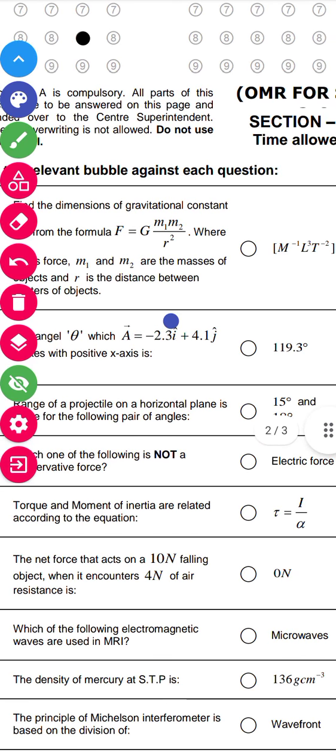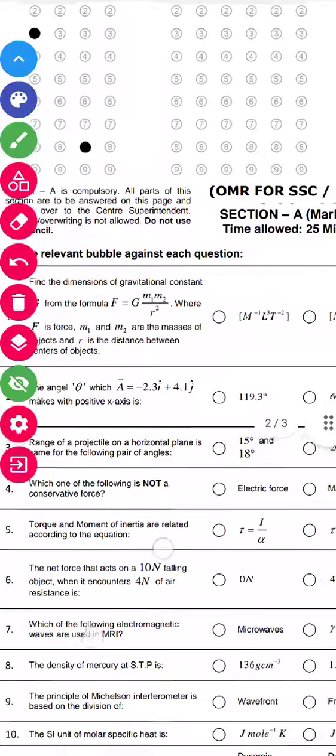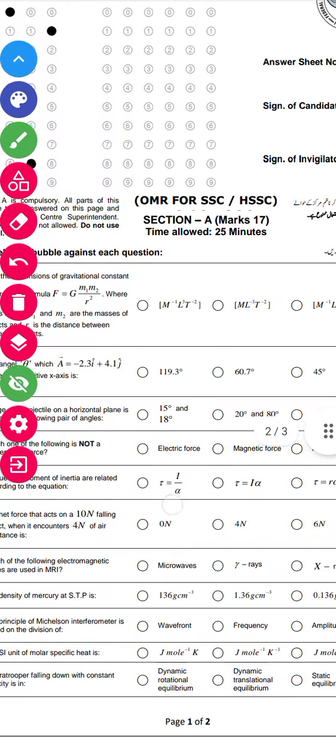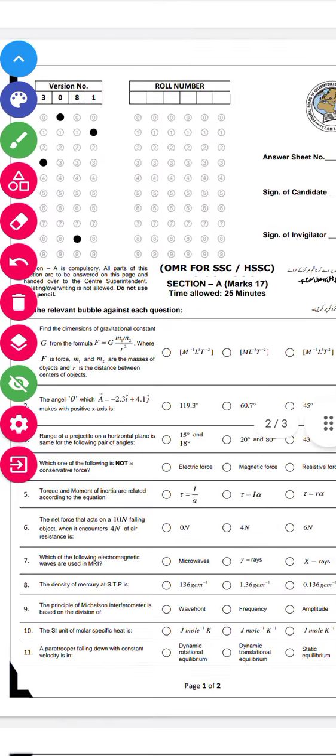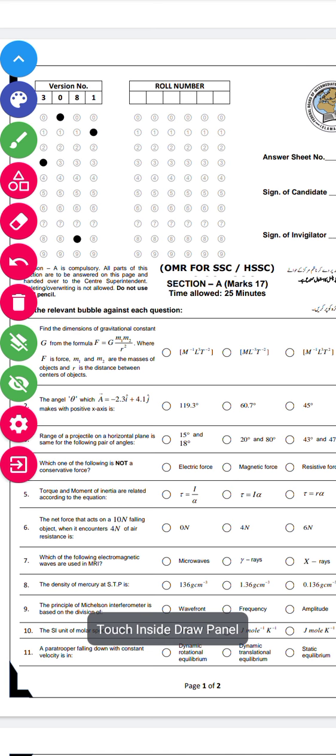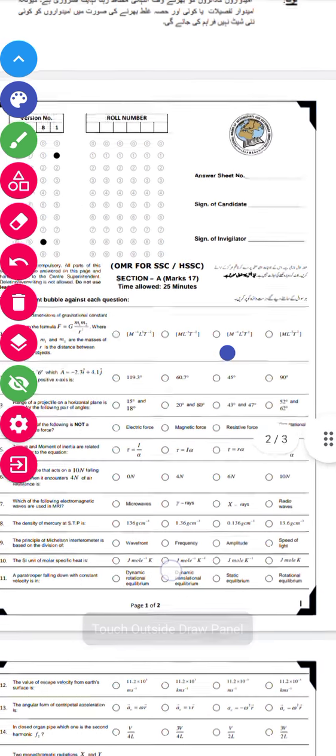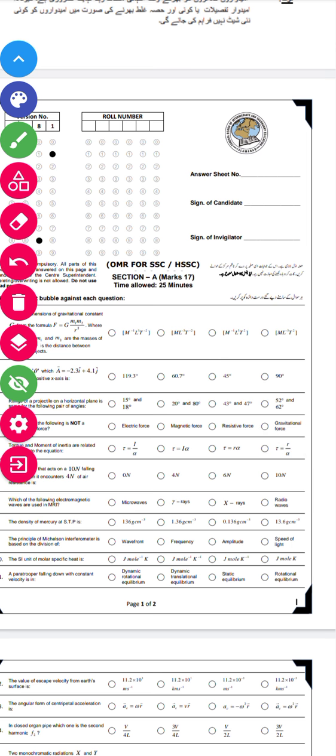Secondly, for example, if the correct option for next MCQ is D, so we have to fill bubble D, and we have to fill according to the correct answer. So you have to fill appropriately and consider that your bubble is filled accurately.